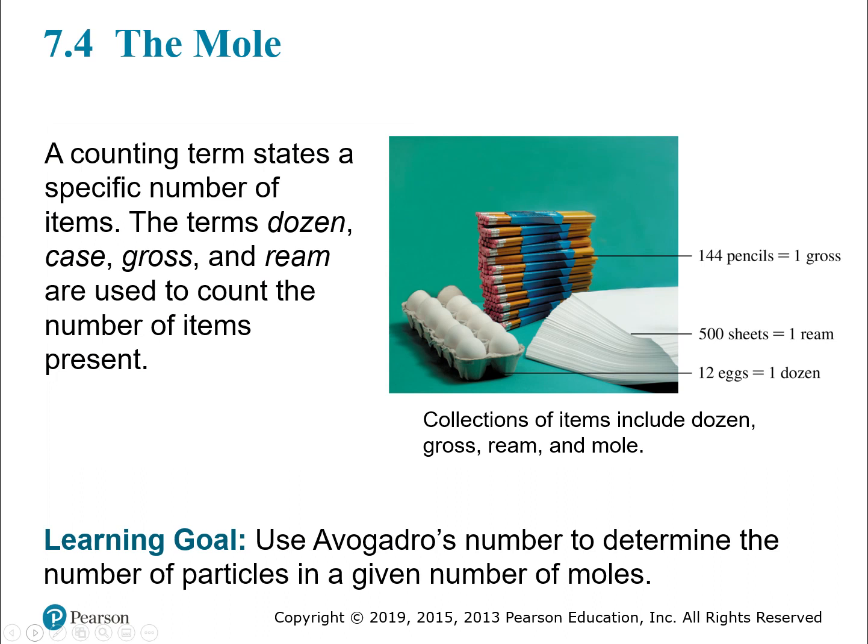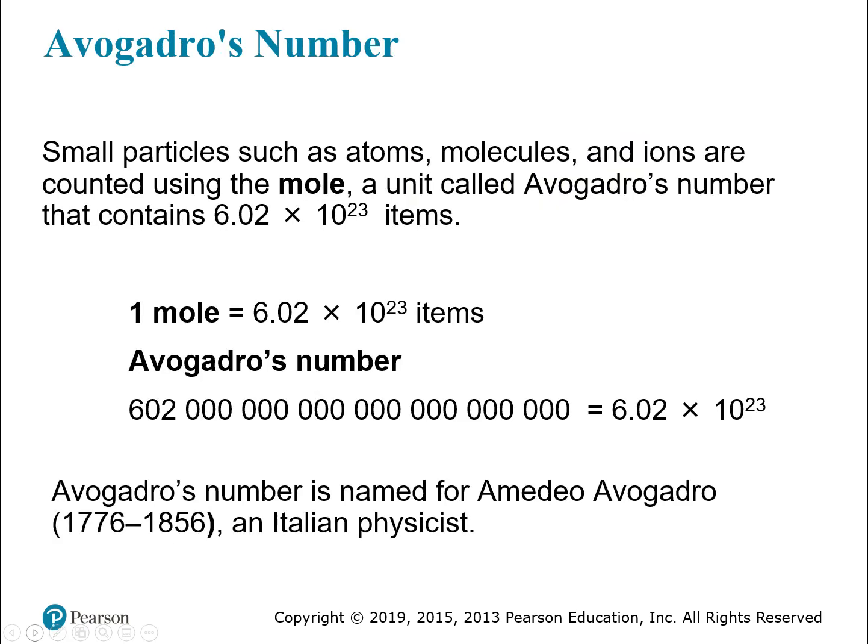We're going to start with the mole, defining the mole and using it in some simple calculations. We'll start by talking about Avogadro. He was an Italian physicist, did a lot of stuff. Part of that stuff was coming up with this unit, the mole.